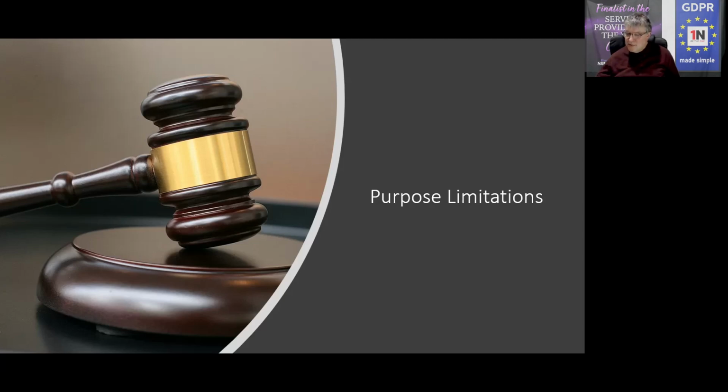If you said you're only going to use that data to fulfill somebody's order, you can't then use it for marketing unless you've got consent for marketing. So it's very important that you consider the purposes for which you're holding data, and you don't suddenly think, oh, I've got this chunk of data over here. Yeah, I collected that last year for that thing we were doing. That's okay, I'll use it again this year. No, it isn't. Don't do that, please. It is about purpose limitation. Again, if you're unsure, then let's have a chat about it.